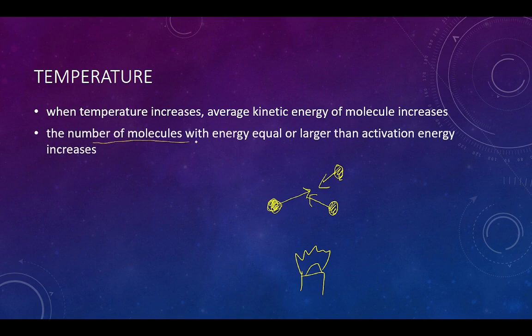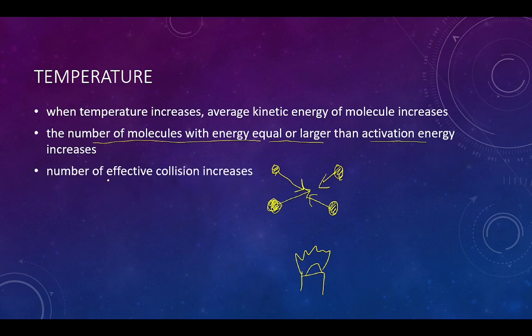So the number of molecules with energy equal to or larger than activation energy increases. Activation energy is the energy needed for effective collision. So they will move around with higher energy, so effective collisions increase.